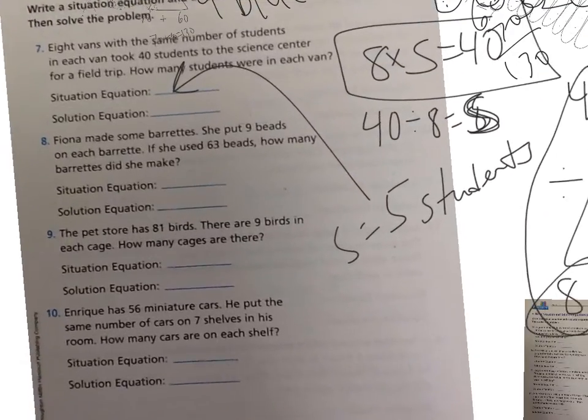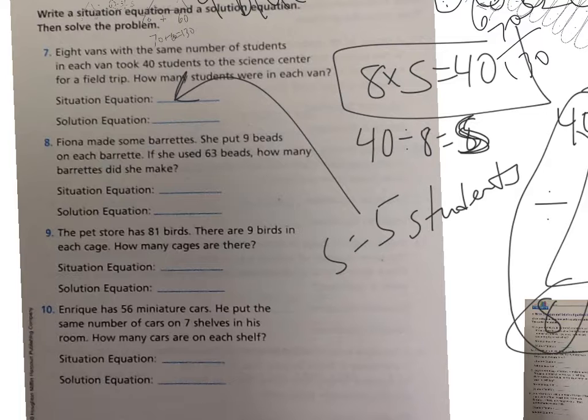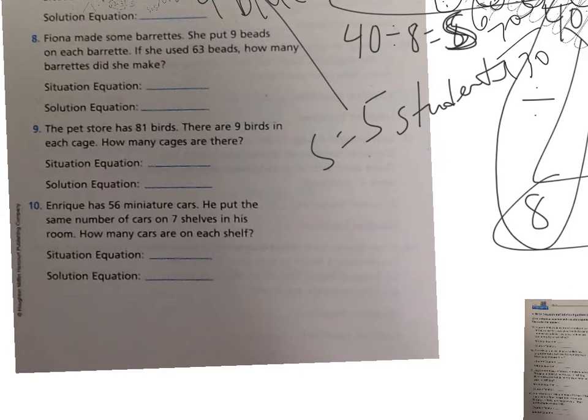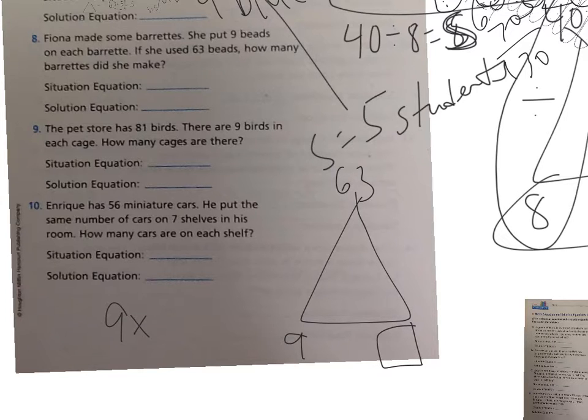I guess I can't pull that off, so I just embedded it on there. Darn it. So Fiona made some barrettes. She put 9 beads on each barrette. If she used 63 beads, how many barrettes did she make? Well, she used 63. She put 9 beads on each barrette. So it says 9 times B equals 63.